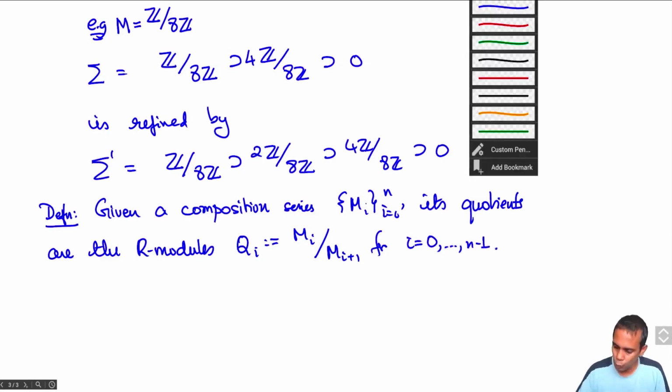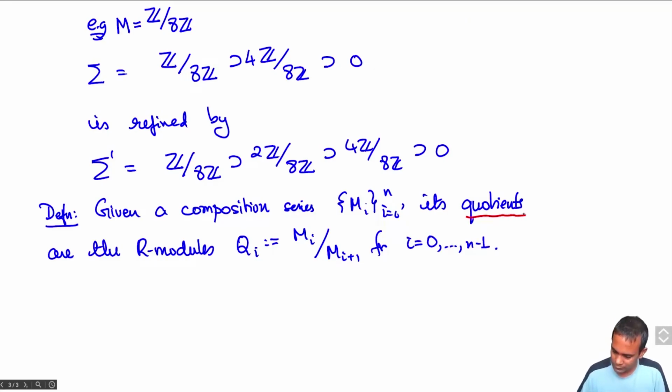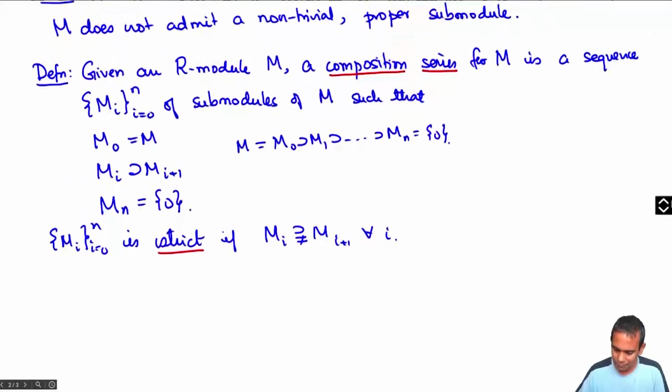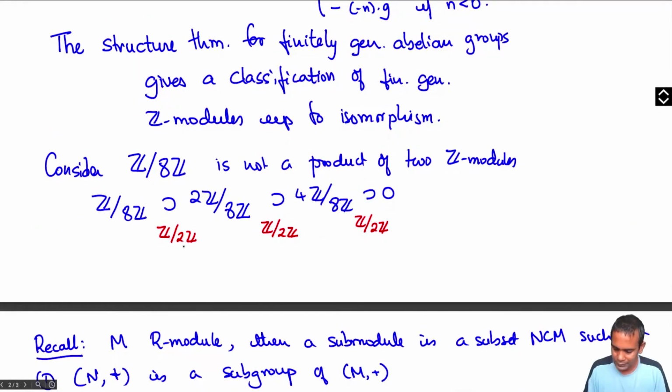So these are the quotients of a composition series. We've already seen some examples. Here, for example, I have written down the quotients of this composition series in red.